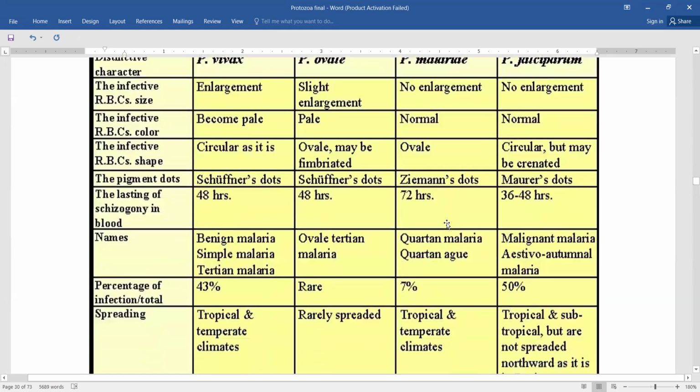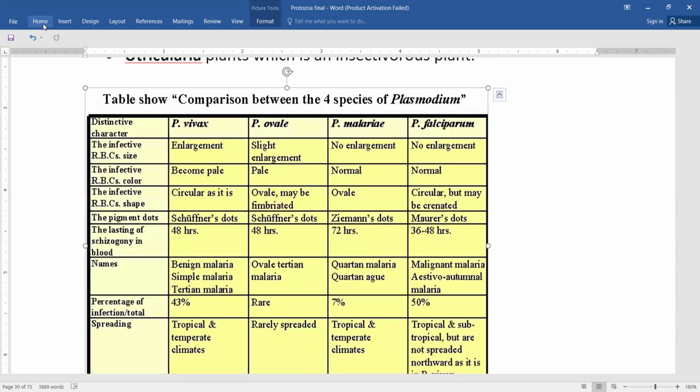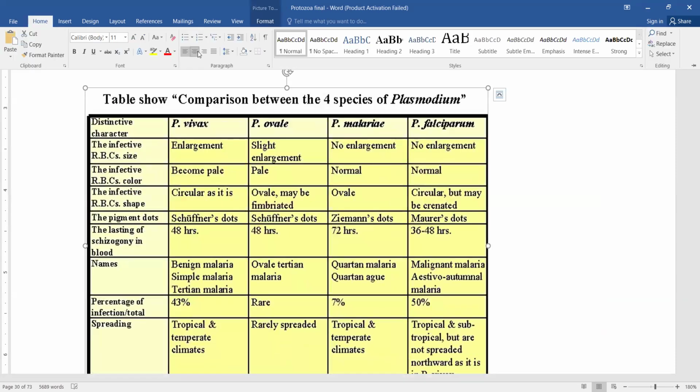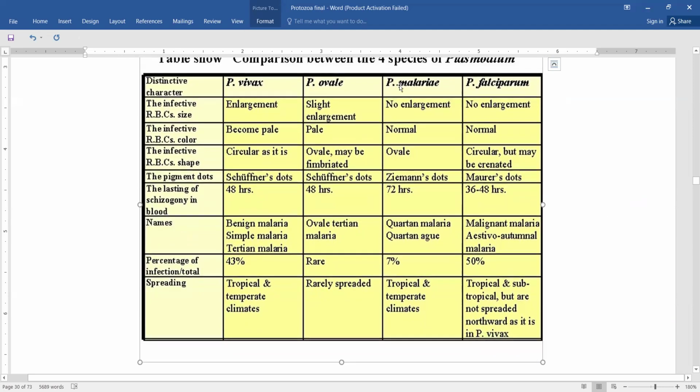Anyway, this is actually not needed for you. This was prepared for the junior lecturer aspirants. Here various features of different kinds of malarial parasites are given: Plasmodium vivax, Plasmodium ovale, Plasmodium malariae, Plasmodium falciparum.